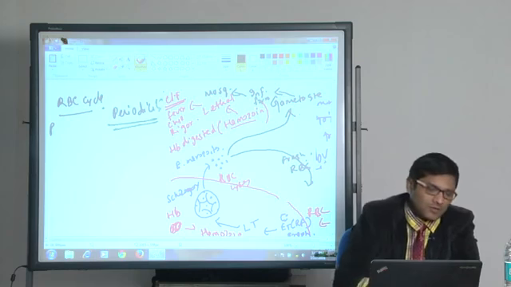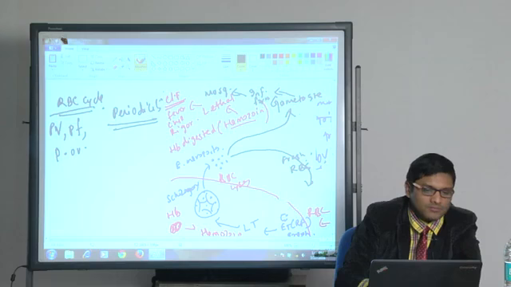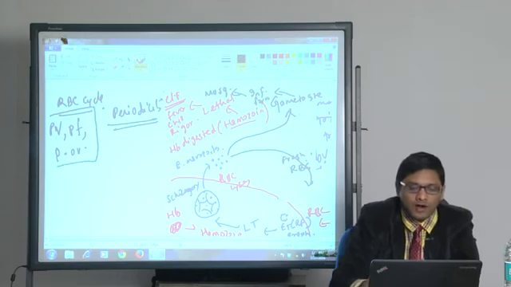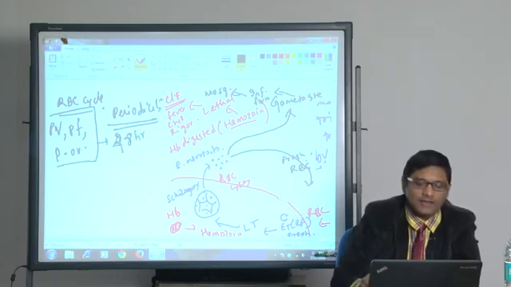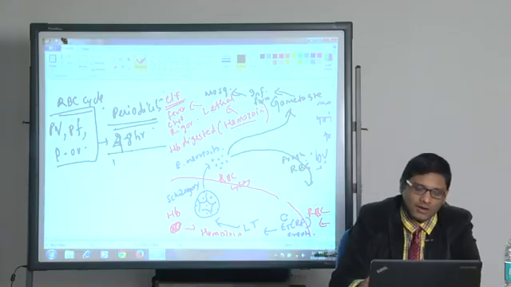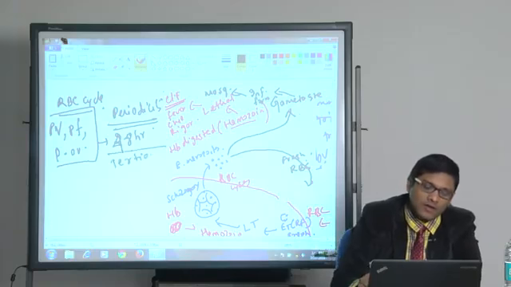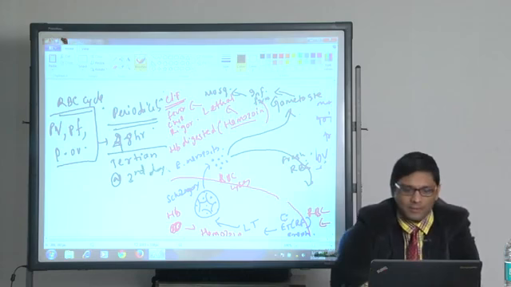For example, Plasmodium vivax, Plasmodium falciparum and Plasmodium ovale, all these three, the periodicity is 48 hours. The RBC cycle lasts for 48 hours. That is why they produce tertian malaria, that is, fever occurs every third day.